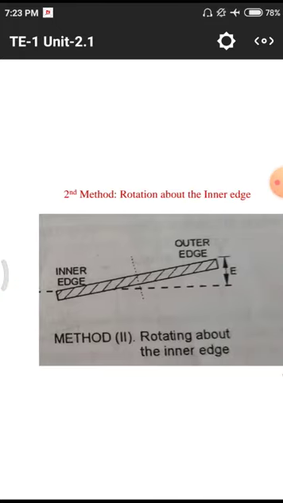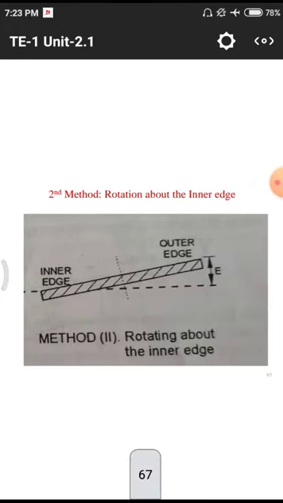So in the second method we need to rotate only one edge. That means with respect to the inner edge we need to rotate the outer edge as much as possible, depending upon the load and friction. That means the amount of load that would travel on those particular roads, and the friction between the tire and pavement of the vehicles traveling on those roads.